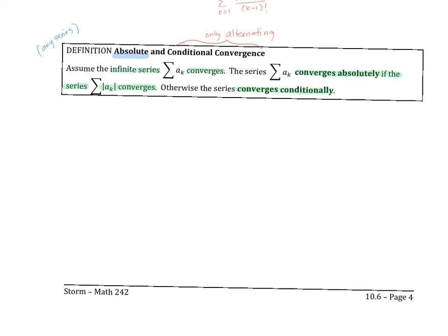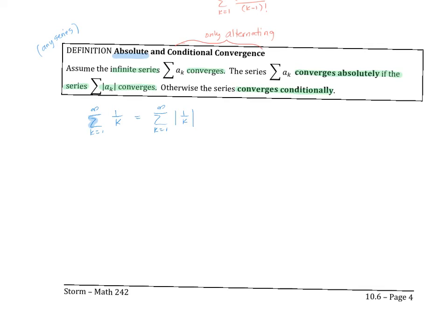Let me illustrate what I mean. Remember our harmonic series. We're starting with k equal to 1, and we're going to infinity of 1 over k. If I add absolute values around my expression, they're the same, right?